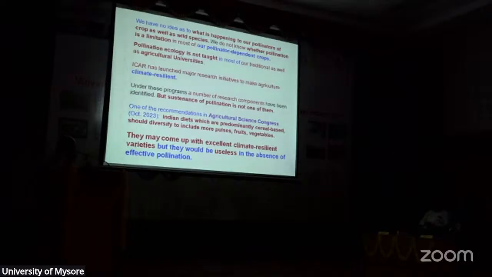Now, coming to pollination, do we have a pollinator problem in our croplands? Absolutely, we have no idea. There is so much work going on in Western countries. Now, why so? Agriculture scientists are not bothered at all about this pollination problem.